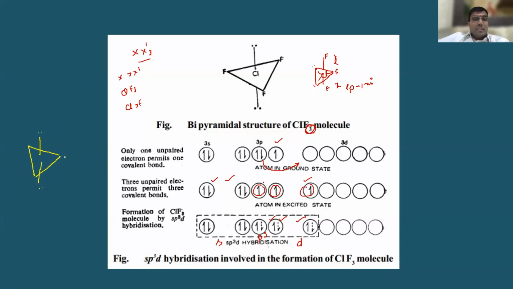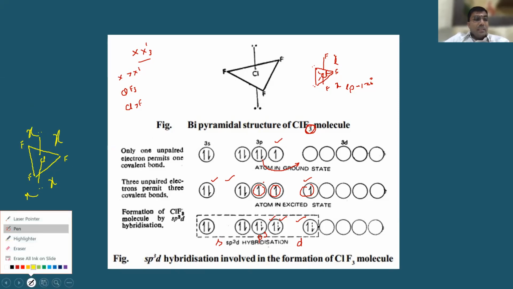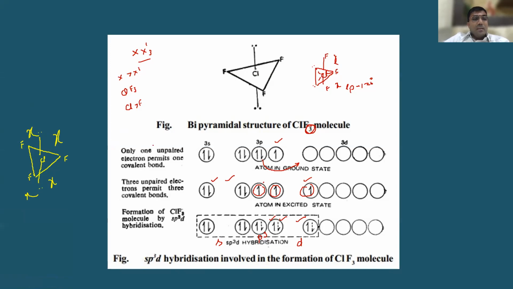If I keep F here, Cl here, and F here, and F here, what happens? You can see here there are 90 degree separations, 1, 2, 3, 4, right? In the other case, the 90 degree separations will be very few. You can see here 1 and 2. So this is the chemistry behind it.